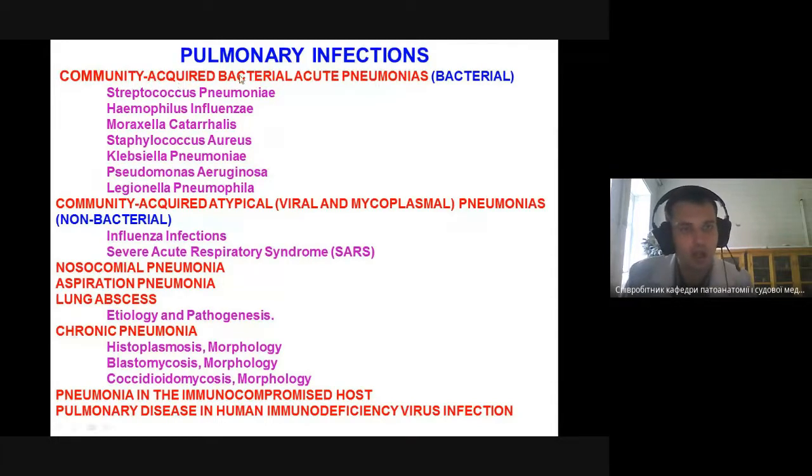Yeah, Streptococcus pneumoniae, Haemophilus influenzae, Varicella. So those are the most common bacteria we have to cover with antibacterial drugs, antibiotics. Community-acquired atypical pneumonias, non-bacterial, influenza infections, severe acute respiratory syndrome, and coronavirus infection, yeah, SARS-2.